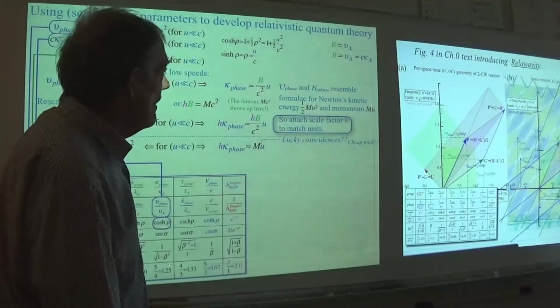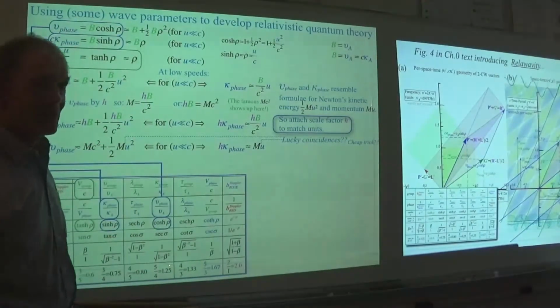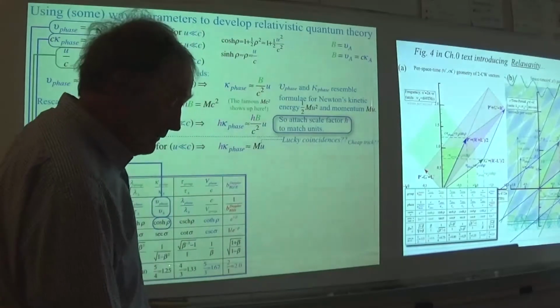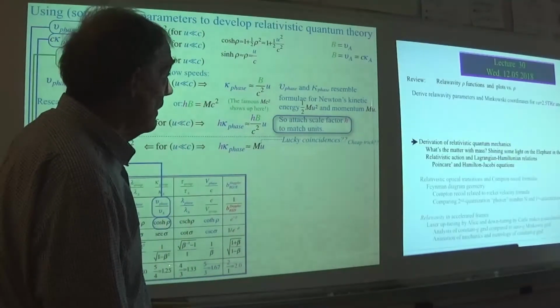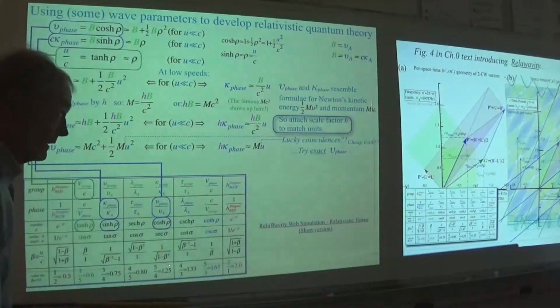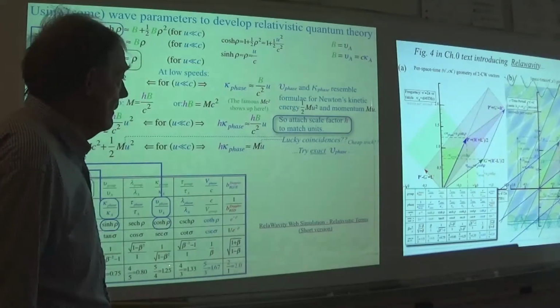But you see, we haven't used the exact expressions yet for these two quantities. Now we're going to crank up the speed to where we need that, and that's going to make things happen.